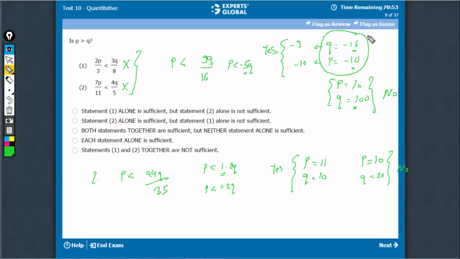Now this no longer holds, because now on being multiplied by 1.2 also, if this were the case, on being multiplied by 1.2, this will become roughly minus 19.2. Okay, and in this case 1.2Q will no longer be greater than P. So such values are not possible, because when it's negative, multiplying by 1.2 means you are reducing it.